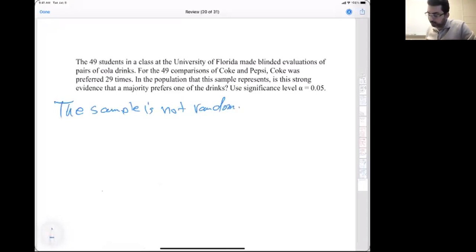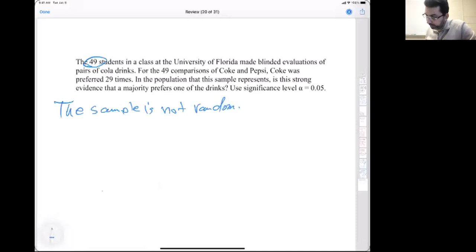The second thing, the central limit theorem for the proportion. Do we have a large sample? Yes, we have 49. Okay, it's a large sample. So we have to check n times p hat and n times 1 minus p hat. But first we have to calculate p hat.